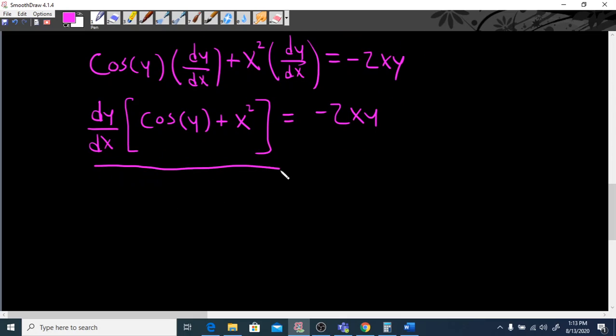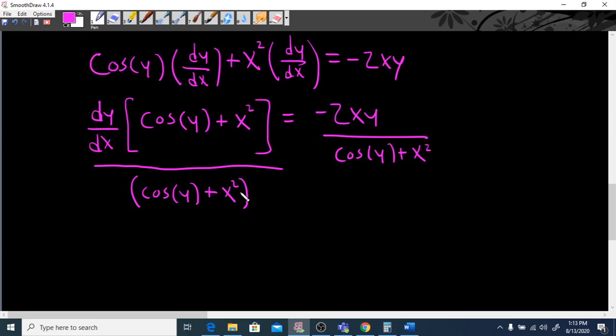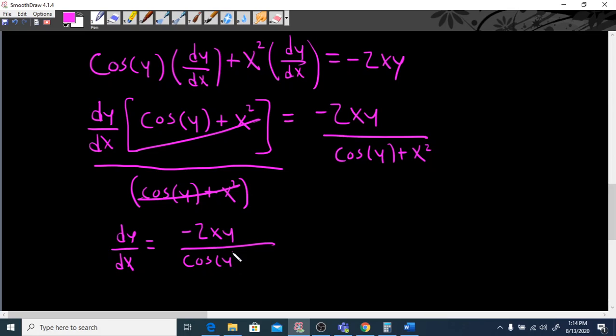So I'm going to divide both sides by the factor to the right of dy dx, so cosine y plus x squared. I'm going to divide by that over here as well. Boom, boom. And we wind up with dy dx equals negative 2xy over cosine y plus x squared.